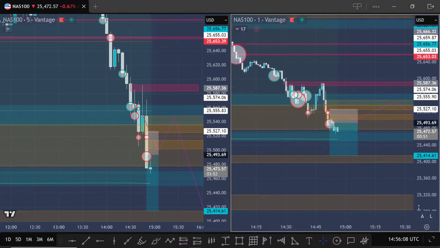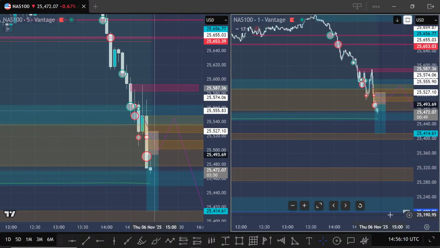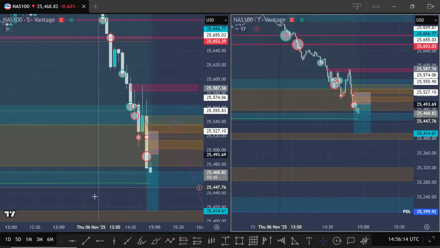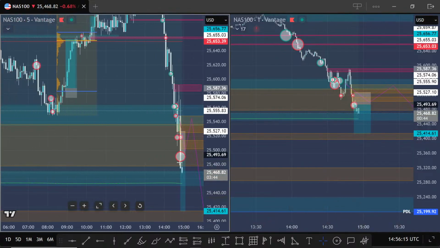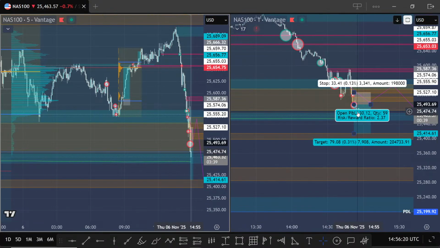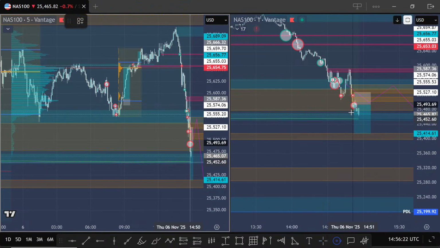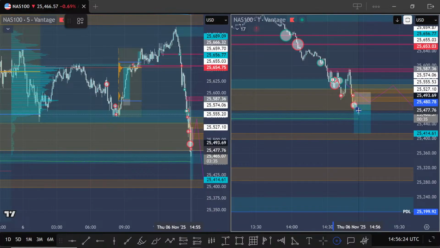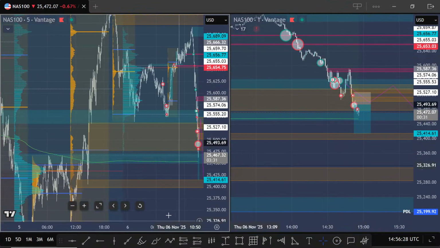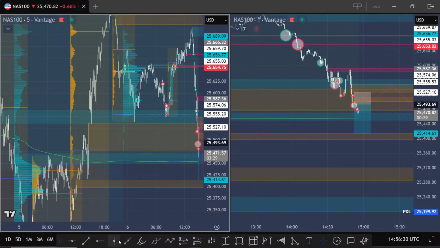Now, in terms of targets, previous daily low is a long way away. There's another low volume node here. The previous balance, let's have a look at that.